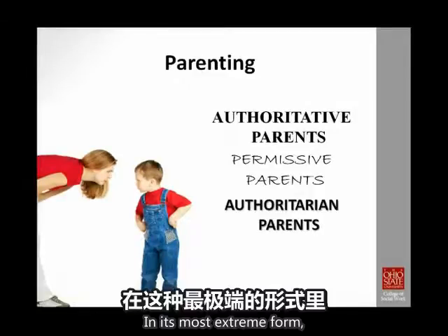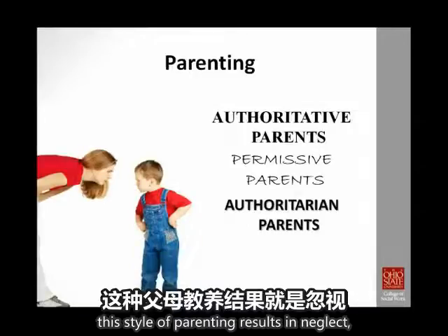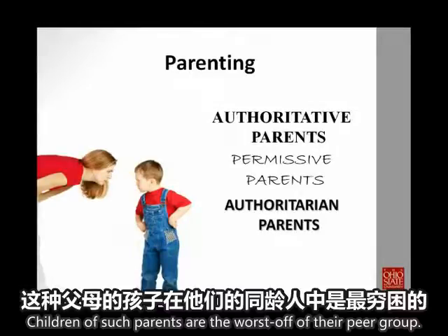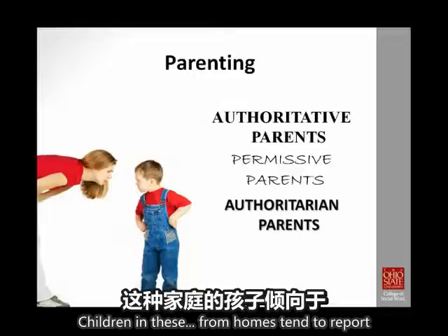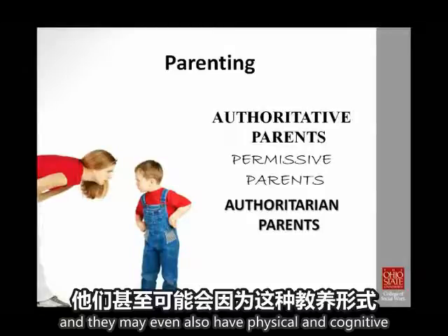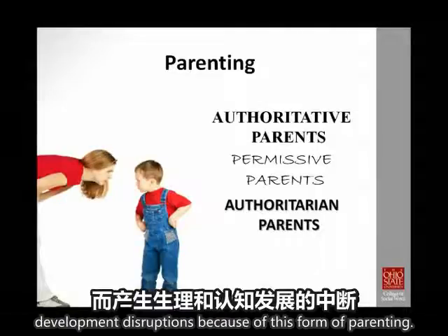In its most extreme form, this style of parenting results in neglect, which is a form of child abuse. Children of such parents are the worst off of their peer group. Children from these homes tend to report feeling less loved and emotionally detached, and they may even also have physical and cognitive development disruptions because of this form of parenting.